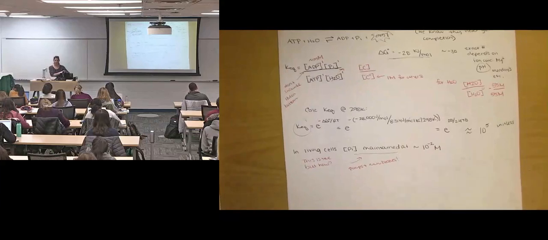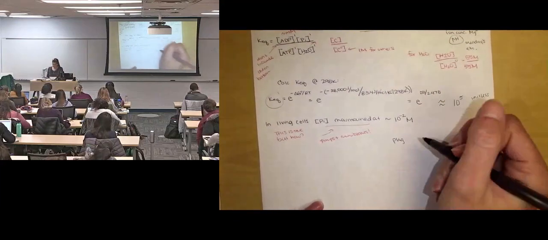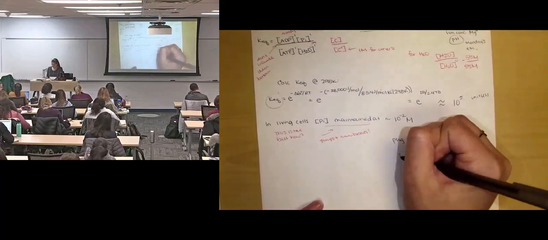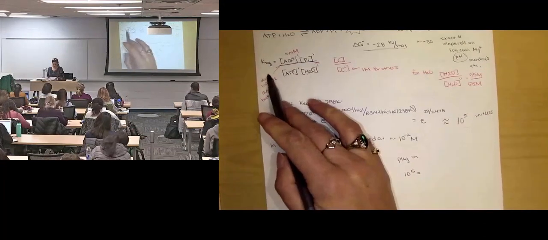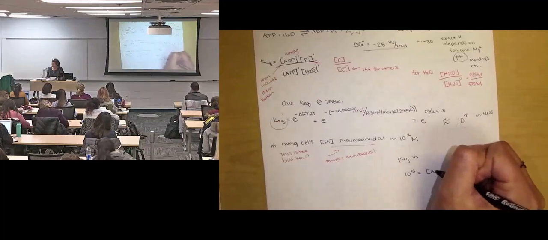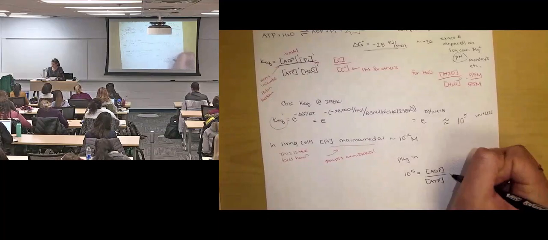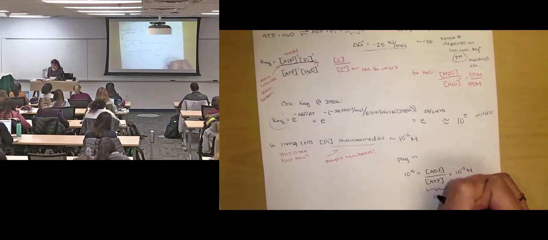And so this is the concentration that your cells will be trying to maintain. So if you plug these values into our equilibrium constant, we have 10 to the 5th for KEQ, equal to the concentration of ADP divided by the concentration of ATP times about 10 to the -2 molar for the phosphate ion, which would mean this term here is about 10 to the 7th.